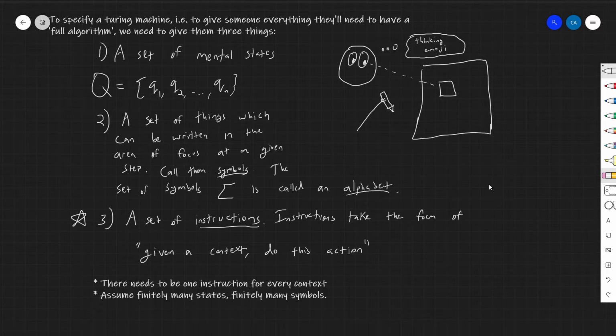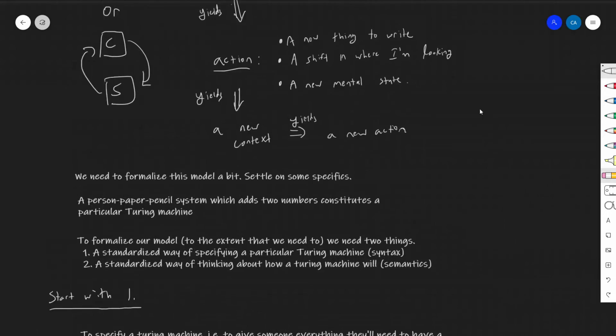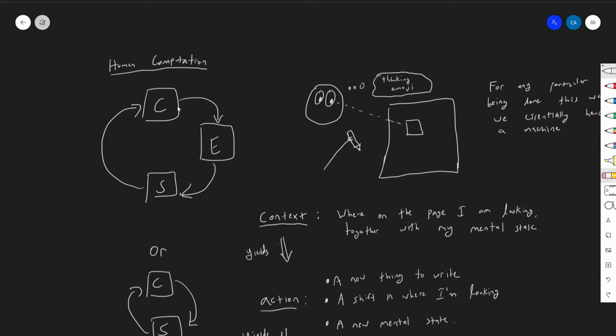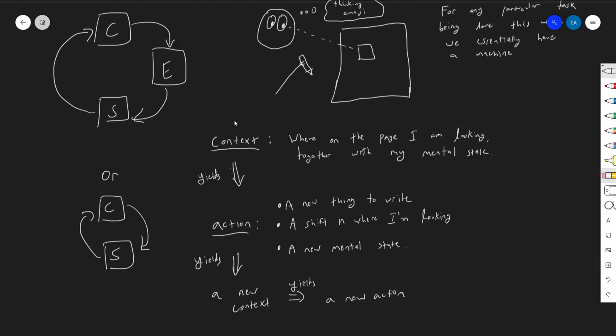Finitely many states is also no big deal, because consider this, right? If the machine halts, and keep in mind that Turing machine operation is pretty clearly discretized already. Just look at the picture we drew. There's a discrete step, in this context of action and response framing. We have discrete steps of the computation, right?